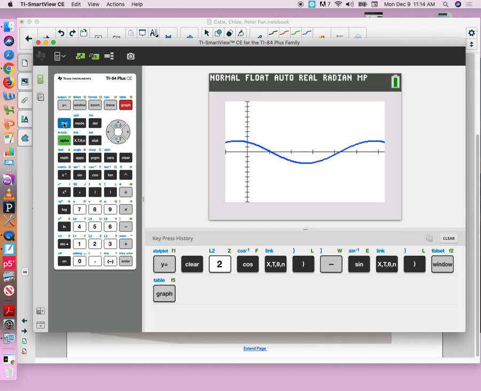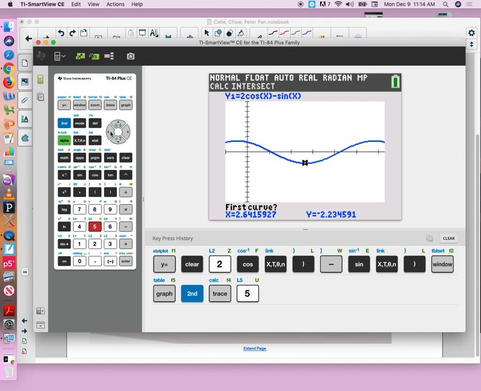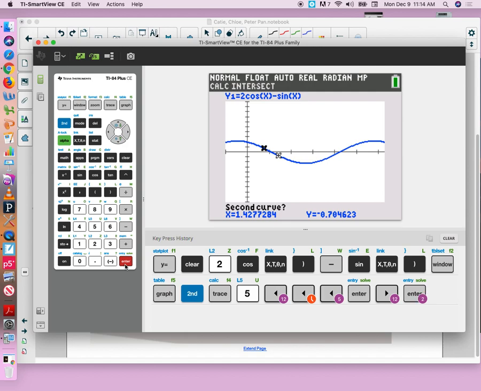So then I'm going to go second, calc. I'm going to go to intersect. And I'm going to move back here. Enter. And I'm going to move to the right of it. Don't go past that little hump. Enter. Enter.